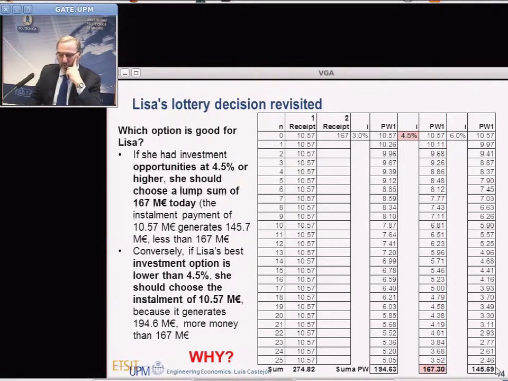So if you accumulate all the present worth, you will have today to invest 145 million euros to obtain that money. So you get more money with the 167 you receive today than if you received a present worth of 149.